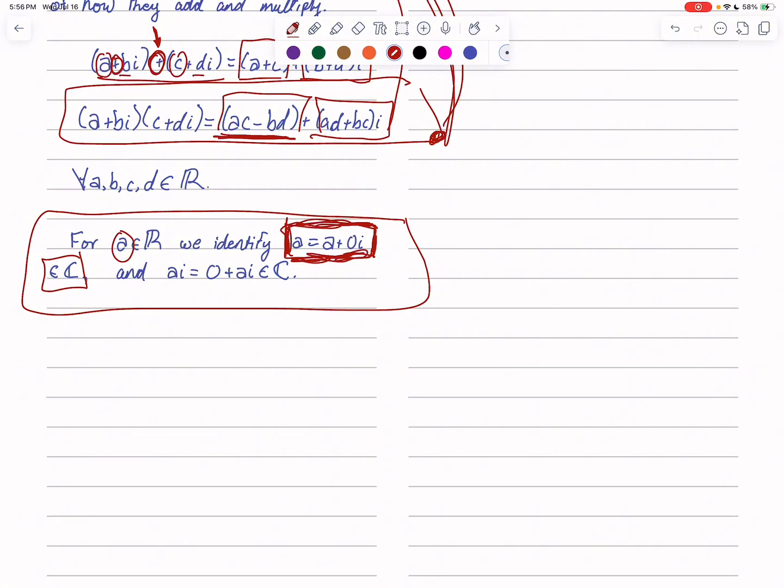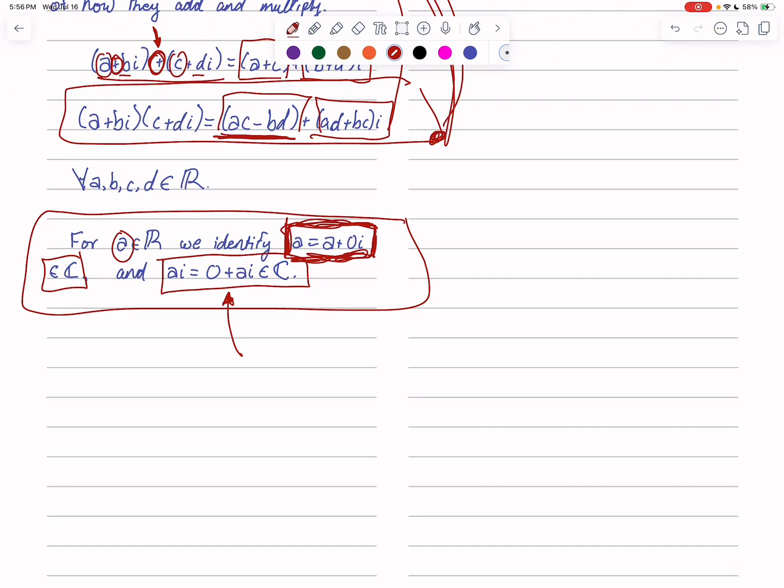And likewise, same trick when it comes to having what we often call a pure imaginary number, AI. That seems like a real number times the number I, which we haven't officially accepted as a number all on its own.